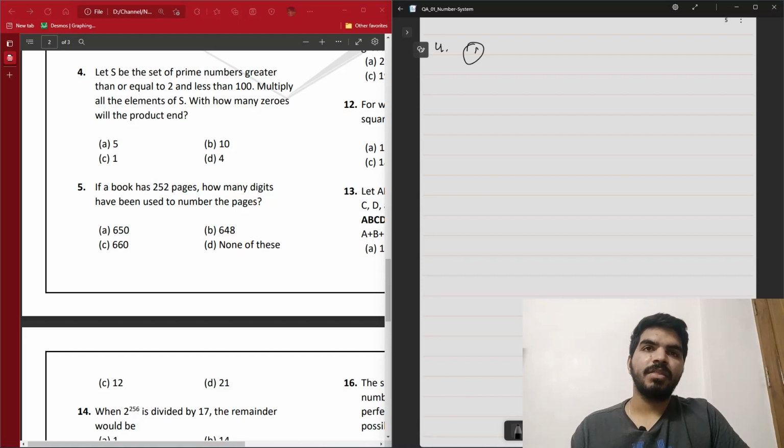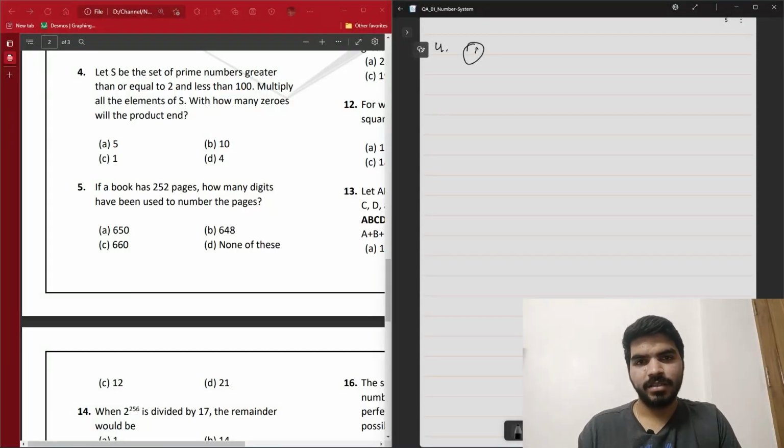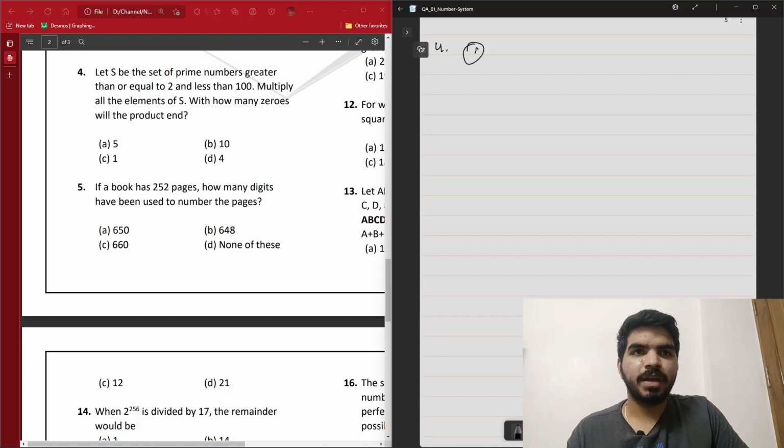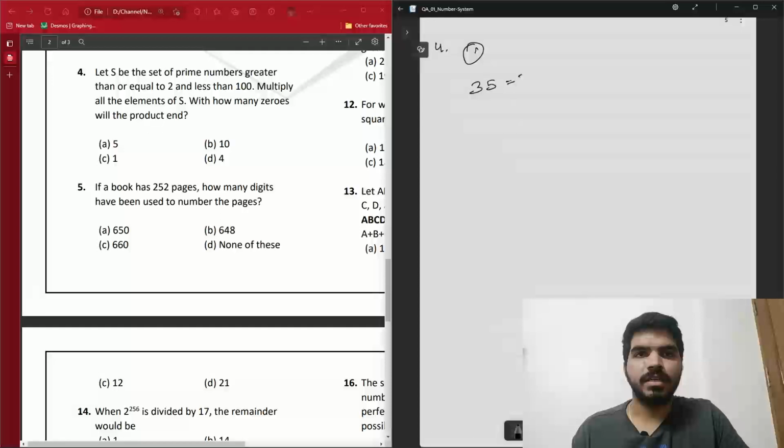How? The thing is, how can we make any number a multiple of 10? If we do the prime factorization of, not a prime, take any number, 35 for example, we take 5 into 7. This is the prime factorization.